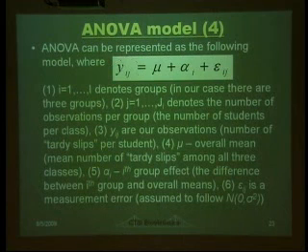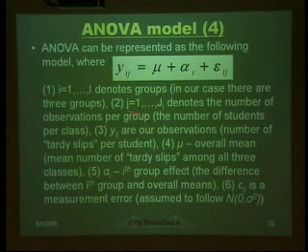And this y sub ij is what we actually observed. This is the number of target slips per person. But we have two indices here, i and j. Index i corresponds to our group, to our class. And index j corresponds to an individual within this class.